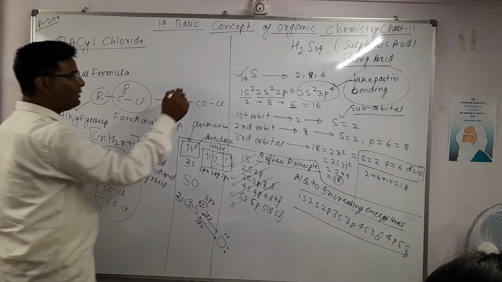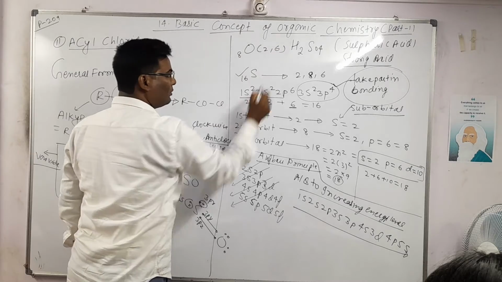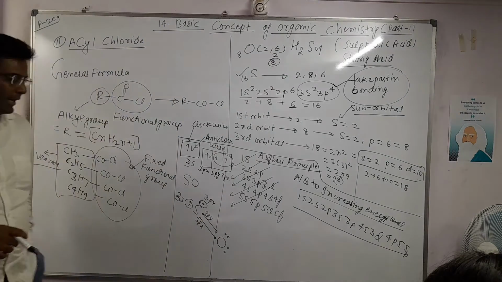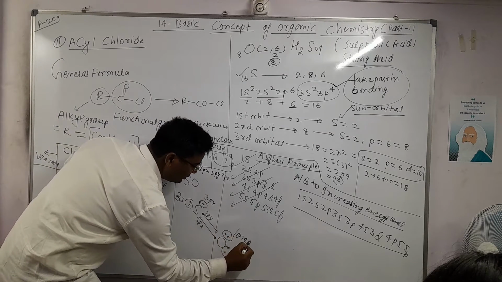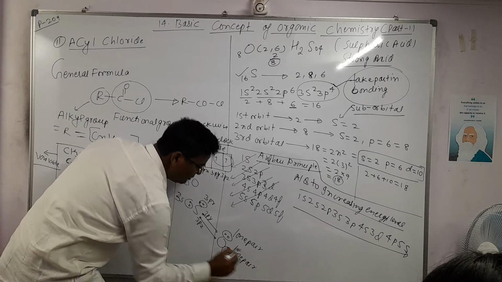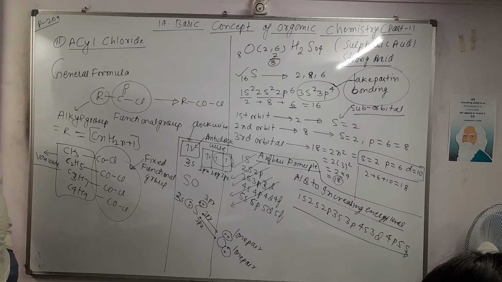Understood? We also know oxygen has a total of 6 electrons, so it will be 2, 6. We add 2, so it will be 8 total, right? So this is a lone pair of the oxygen atom. Understood? Please write up to this point, then I will explain further.